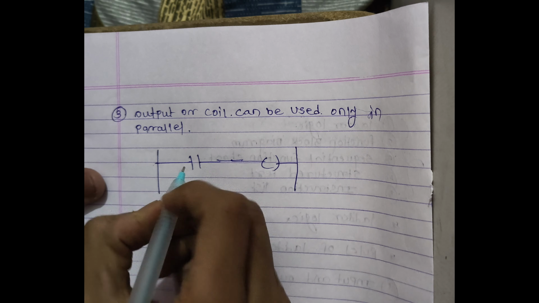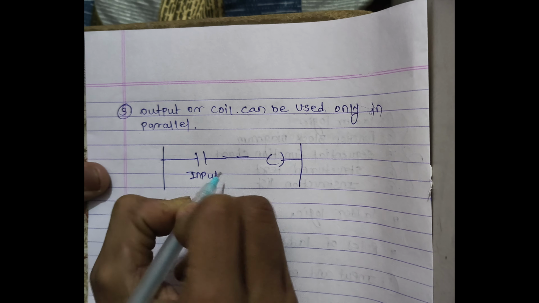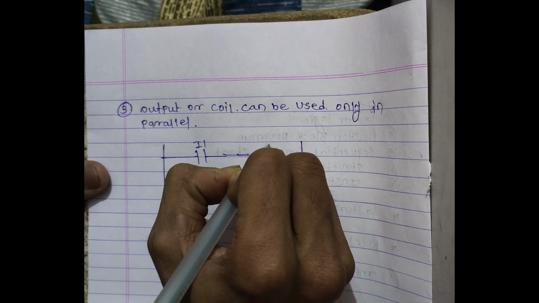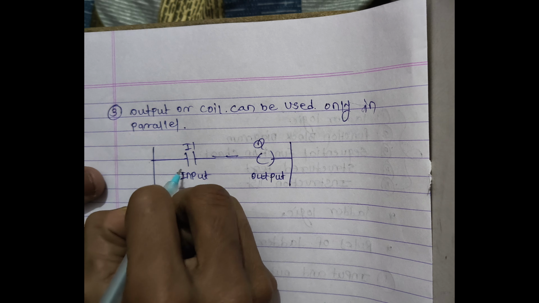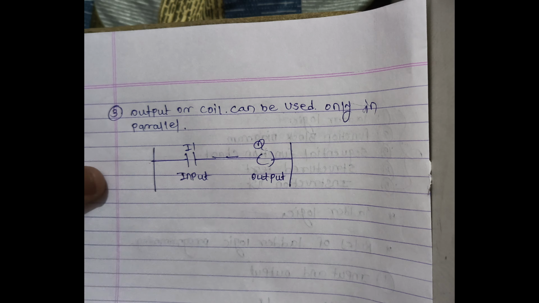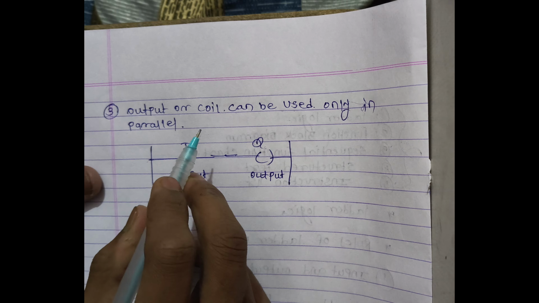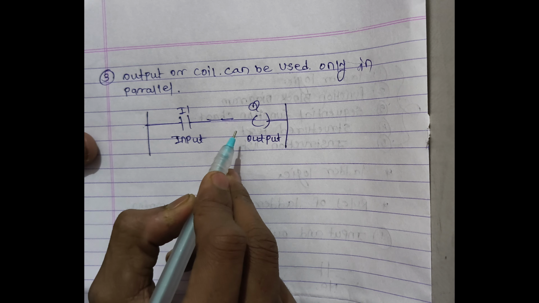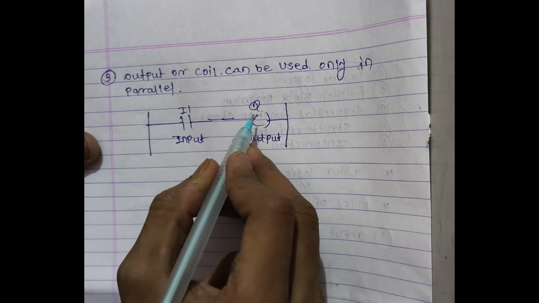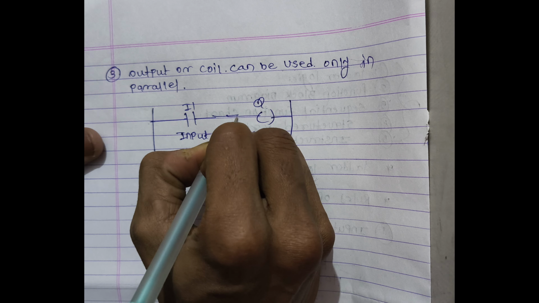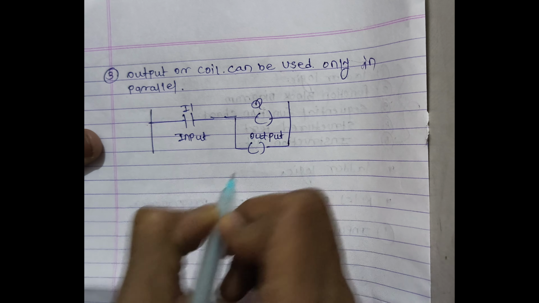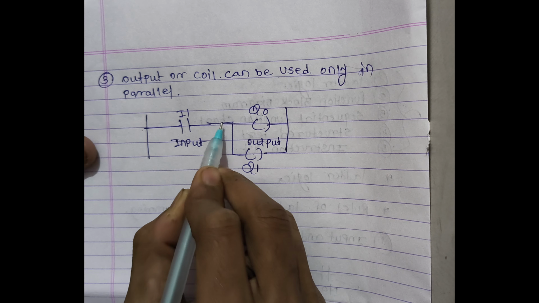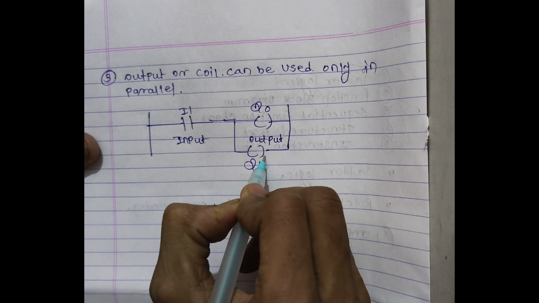This is my input called I1 and this is my output called Q. The inputs are connected in series as well as parallel, but the outputs are connected only in parallel connection. When we add one more output, I have connected the output here. So the address will be Q0, Q1, not in series. The outputs are connected in parallel.